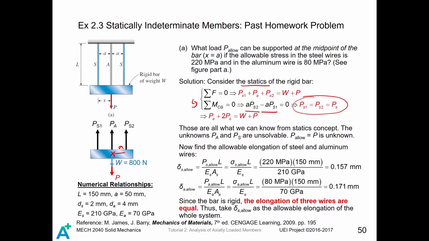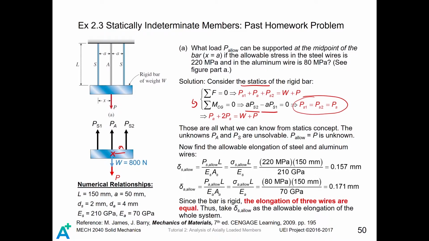Next, we consider the allowable elongation of steel and aluminum wires by taking the change of length formula into account. All the wires will be stretched, but we don't want any of them to go beyond the allowable deformation. So we try to find the allowable deformation of each wire.